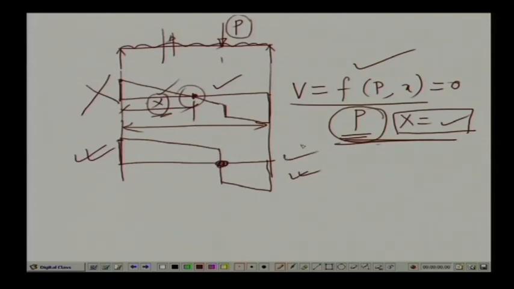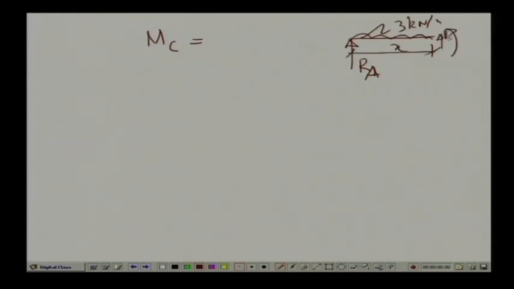Hence, this is the point where we expect the maximum bending moment in the beam, and we now compute the maximum bending moment at this particular point, and correspondingly find what the loading could be. So, let us say that is the point C. To compute the bending moment at C, we take the free body diagram: we have the reactive force R A and the uniformly distributed load of intensity 3 kilonewton per meter, and this is our distance x, and we have the shear force and the bending moment at the cut.